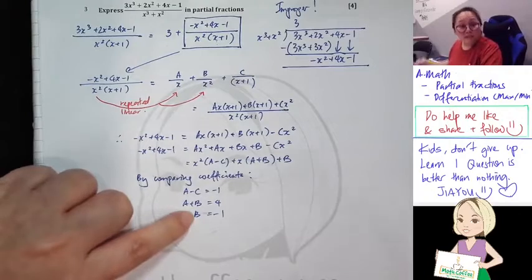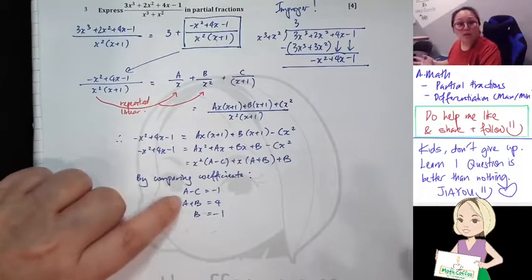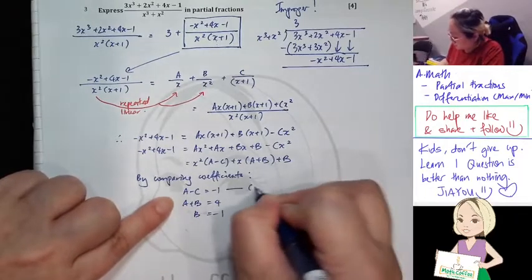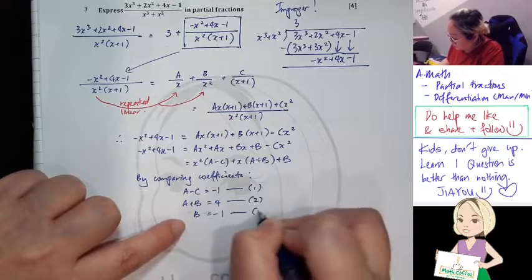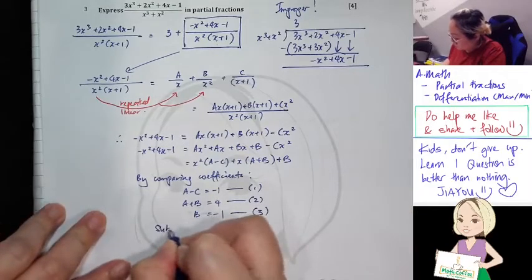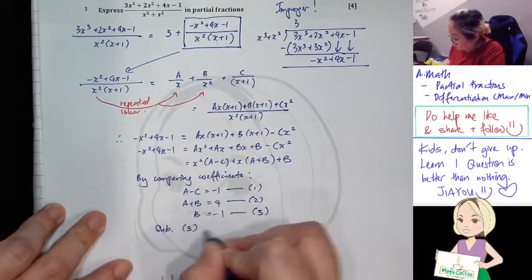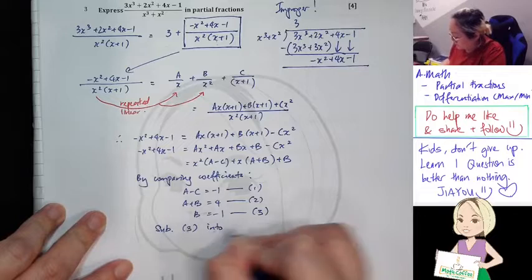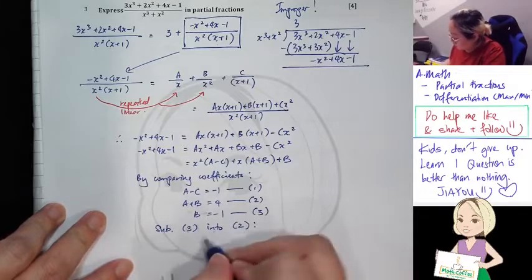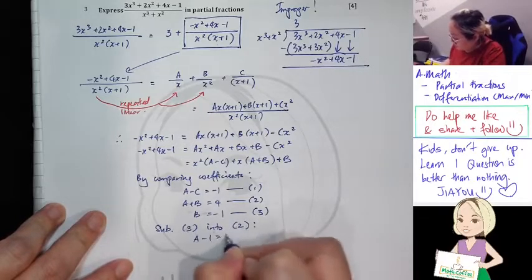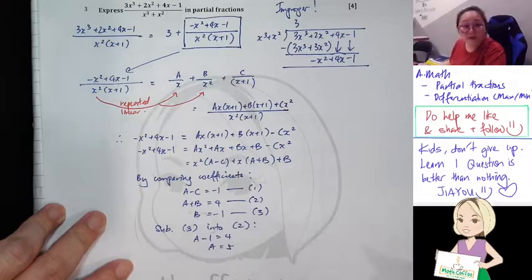Since I already solved my b, I can sub b into here. All I need to do is write equation 1, equation 2, equation 3. I'm going to sub my equation 3 into my equation 2. So it's a minus 1 equals 4, a equals 5.